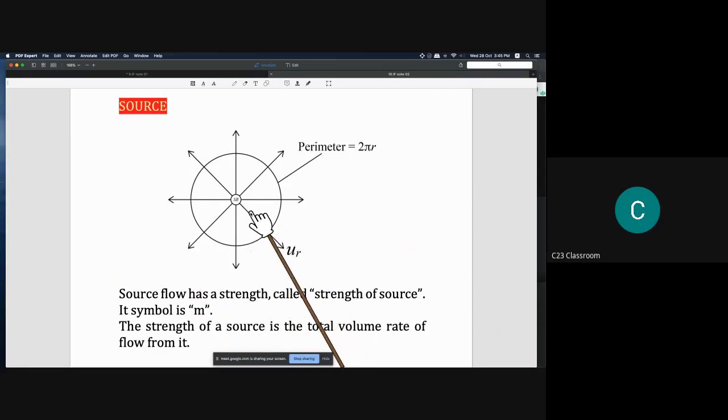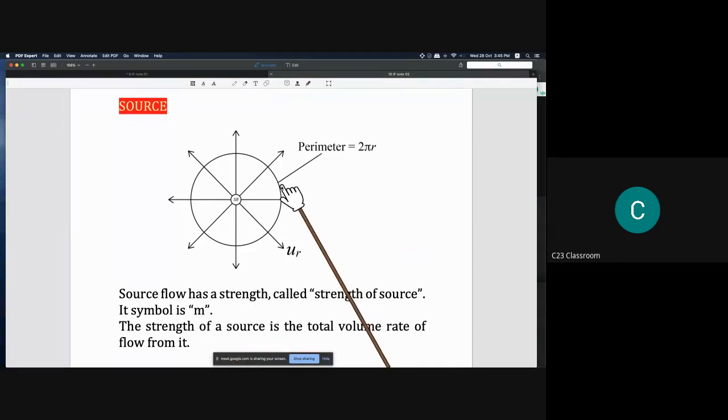So the only velocity that occurs at this point is ur, the velocity along the r axis. For the source, the water that comes out will come at a certain strength, which we call m, the strength of the source.